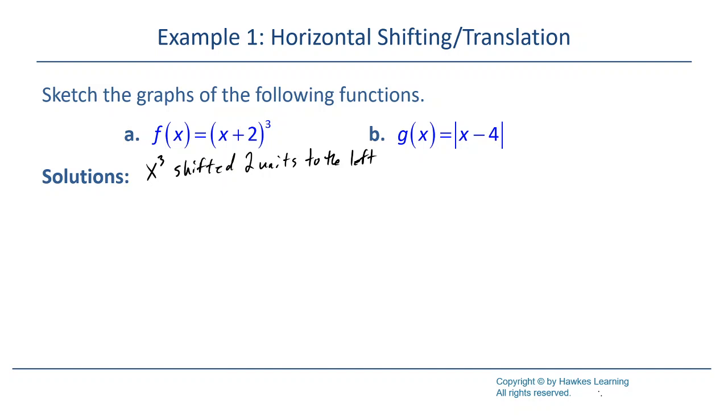And then if you look at b, so this is the absolute value of x minus 4. Drop the minus 4. This is the absolute value of x shifted 4 units to the... Now because it's minus, because remember you're kind of like shifting over the origin, it's shifted to the right.